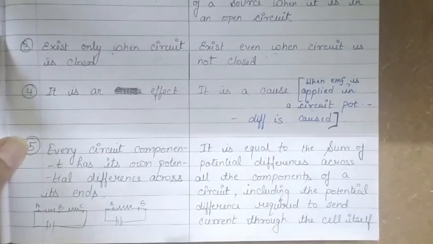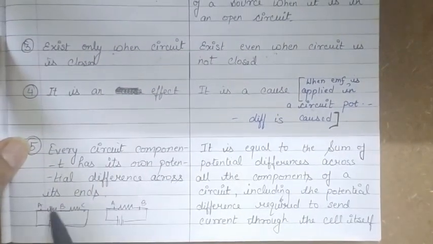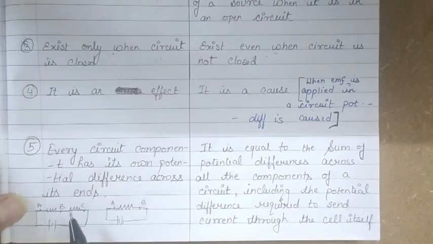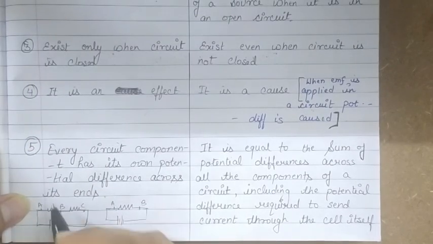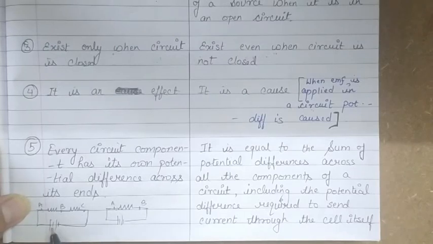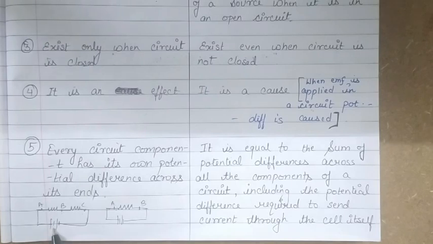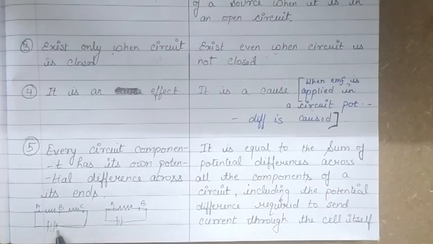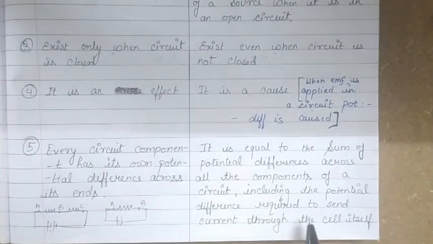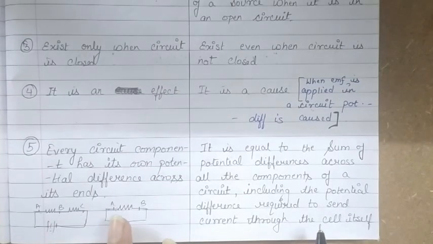Means किसी भी सर्किट में हर सर्किट एलिमेंट का कितना पोटेंशियल डिफरेंस है, प्लस जो भी आपका सोर्स है उससे कितना पोटेंशियल डिफरेंस रिक्वायर्ड है टू सेंड द करंट थ्रू द सेल, दैट पोटेंशियल डिफरेंस, इन सब का अगर हम सम करते हैं देन वी गेट EMF of the source.